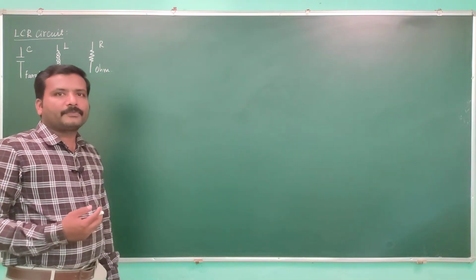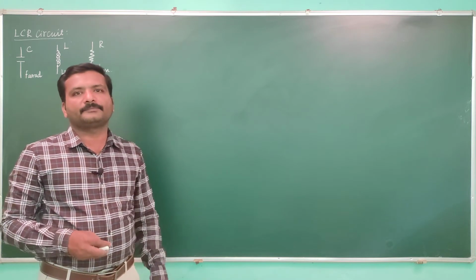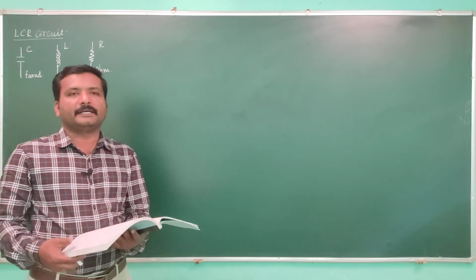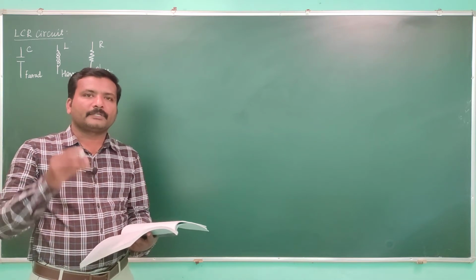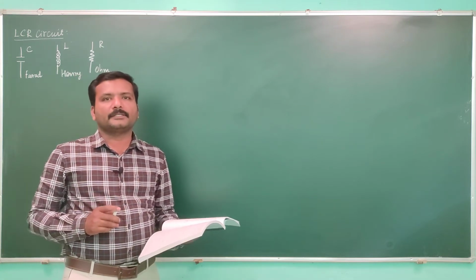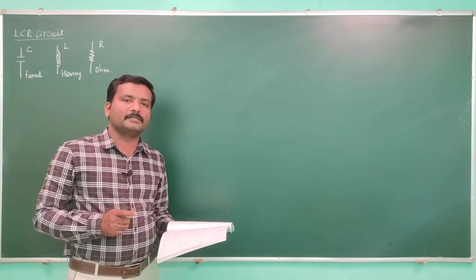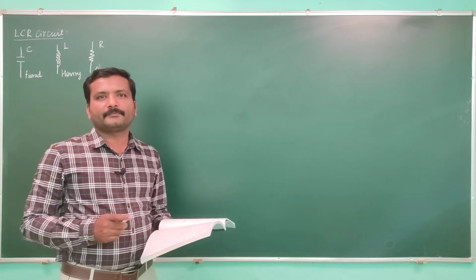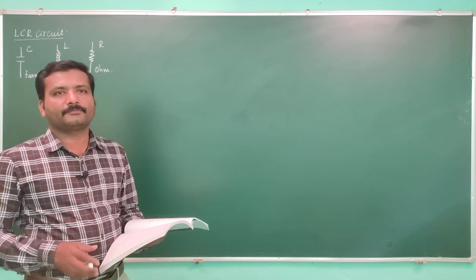See, when we apply a DC current, direct current to the circuit, it is controlled by the resistance of the circuit based on Ohm's law. V, the applied voltage, is proportional to the current at constant resistance at constant temperature, right?